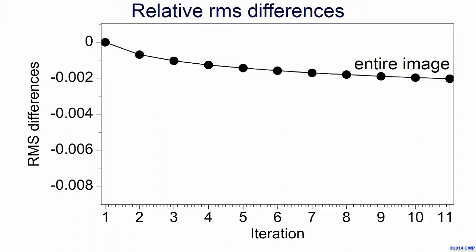Now we see that there is some change, that we're getting closer to the PP image. But where are these changes occurring? So this caused us to split up the image that I showed you into its shallow and deep part as we defined them.